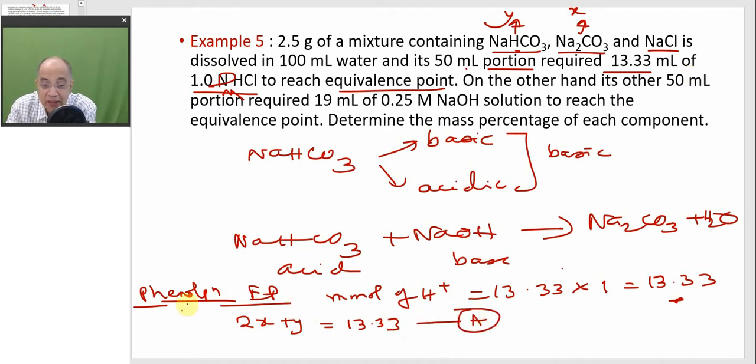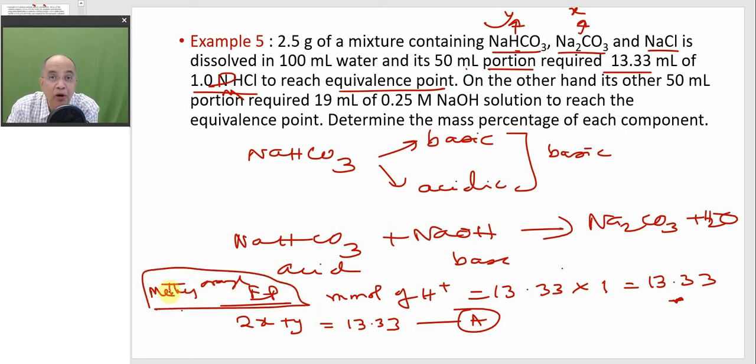That means you have taken methyl orange. Otherwise you cannot. There is no mention of any indicator, but from our common sense, we are sure equivalence point means all are gone, so it must have been methyl orange.